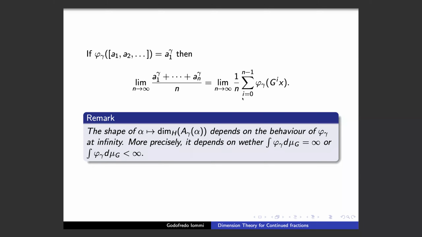So in one case, you have the smooth curve. In the second case, you reach a plateau in finite time, and that depends basically on the behavior of the potential at infinity, of how fast do you converge when you go towards 0.